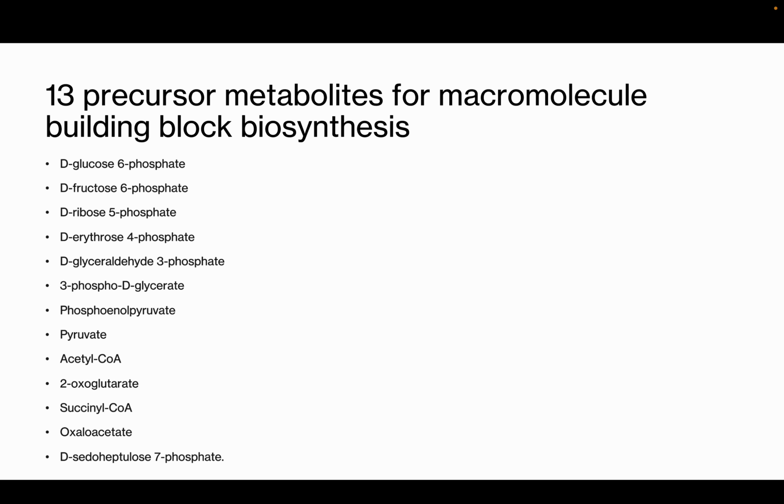There are 13 central metabolites which are shared by different pathways, or which can be produced and found in different biosynthetic pathways. So these 13 precursor metabolites are involved in the different primary biosynthetic pathways.